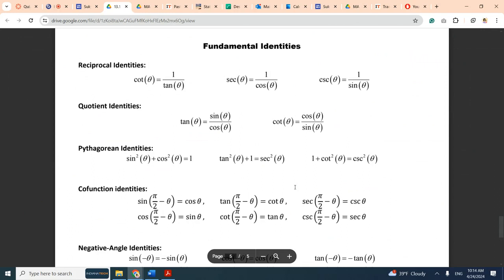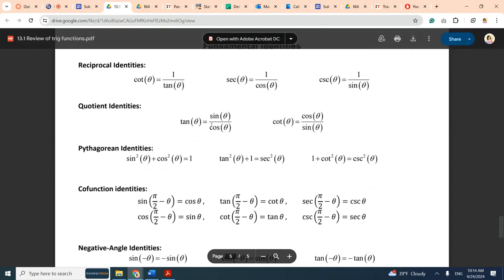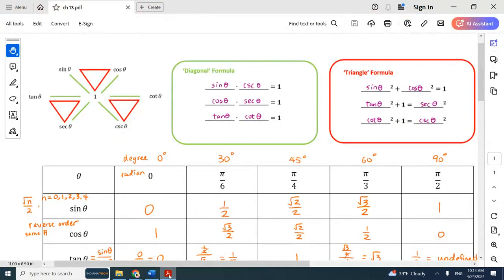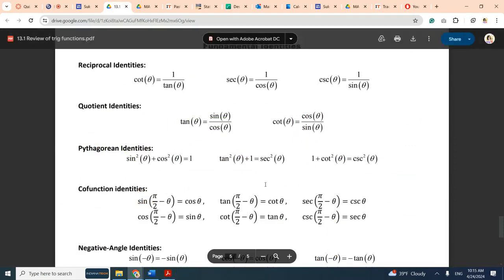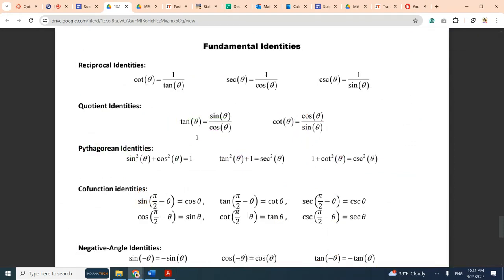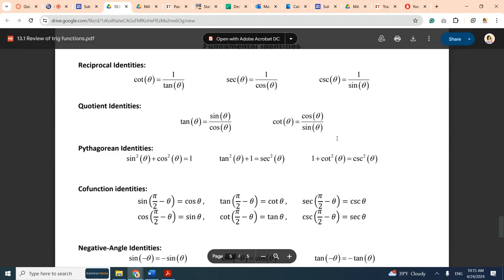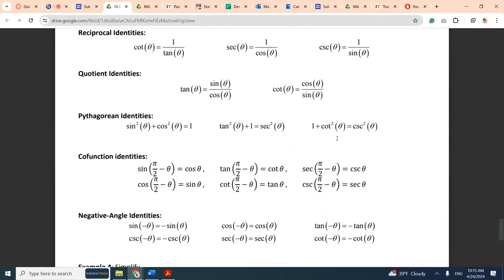And the fundamental identities, the reciprocal identities, and the Pythagorean identities, I already showed you by the hexagon. This is how I teach my students to remember it. And you also know tangent is sine over cosine, right? So cotangent is the reciprocal of tangent, so cosine over sine. So all the 6 trig functions can be expressed in terms of sine and cosine: tangent in terms of sine and cosine, cotangent in terms of sine and cosine, secant in terms of cosine, cosecant in terms of sine.